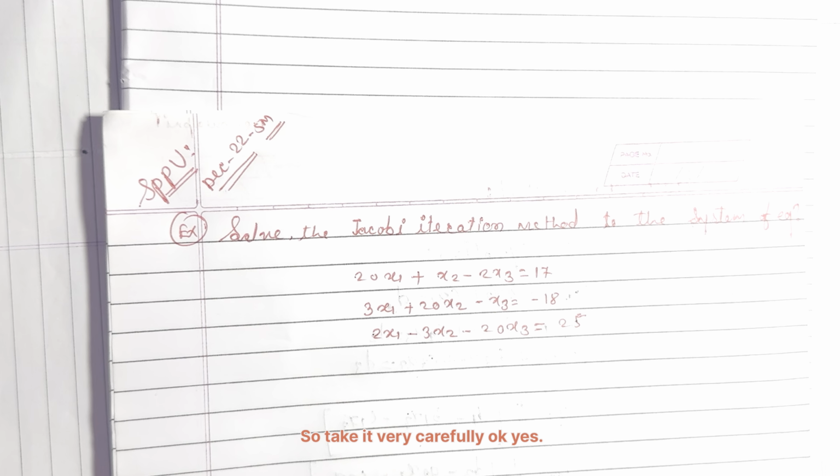What does the Jacobi iteration method say? Using these three equations, find x1, x2, and x3. Using the first equation, find x1. The equation is 20x1 plus x2 minus 2x3 is equal to 17.